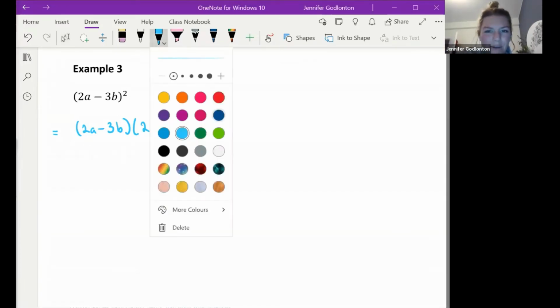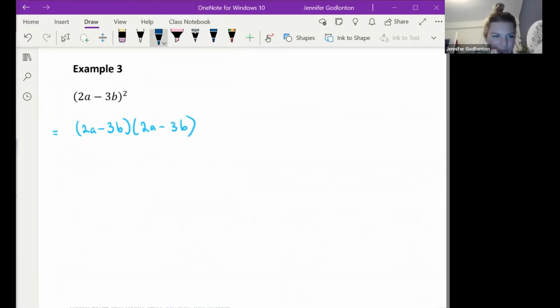Okay, Sibakle, we are all yours. Talk us through this question. Okay, so ma'am already wrote it out twice. So then you do the FOIL method and say 2a times 2a, which gives you 4a squared. Beautiful. And then 2a times negative 3b gives you negative 6ab. Good.